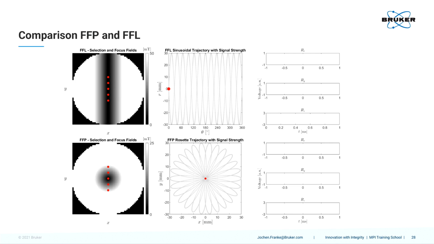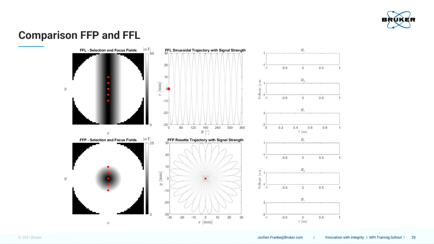So, diving into the field free line. If we have this field free line and two objects, and we go through the field free line in this direction, we see time signals or projections of these points along this line. This projection can then be sorted into our sinogram according to the FFL angle.